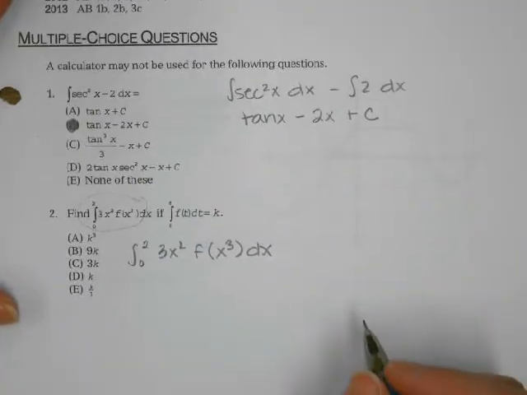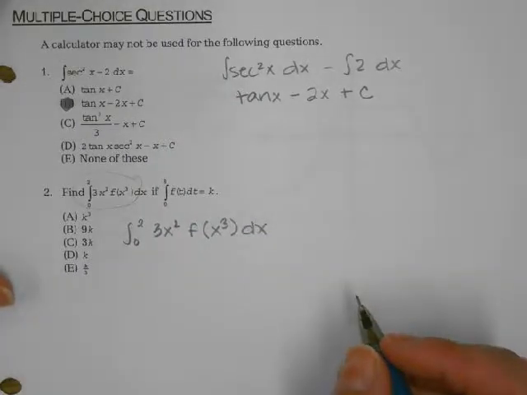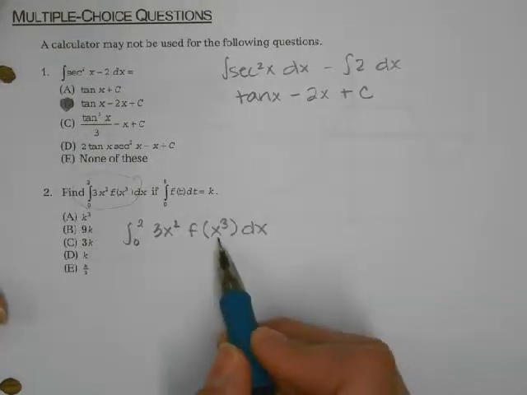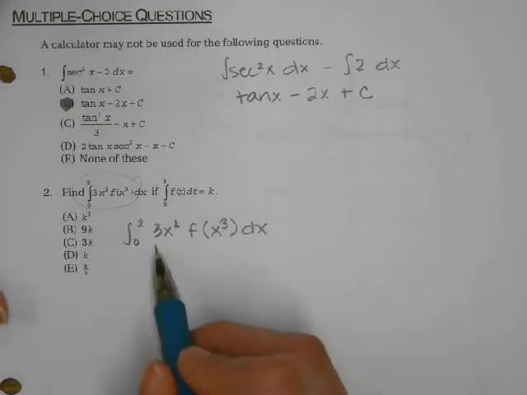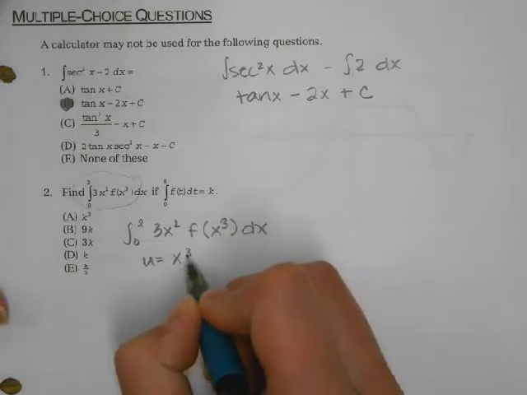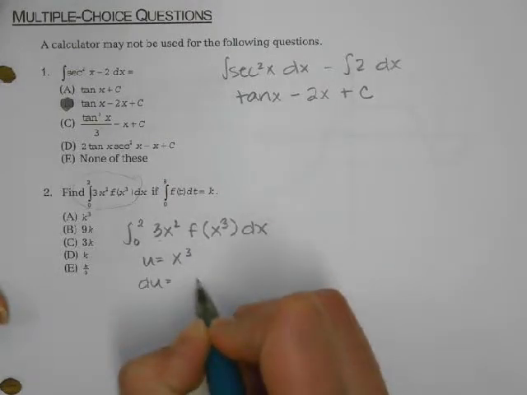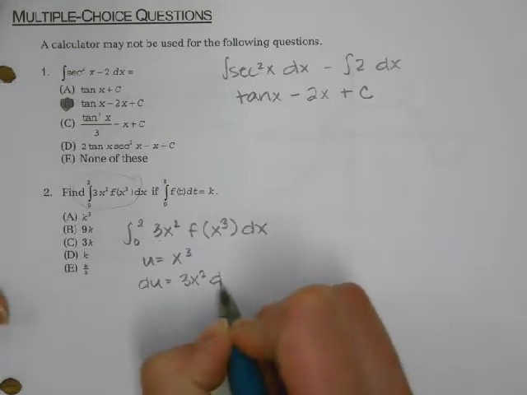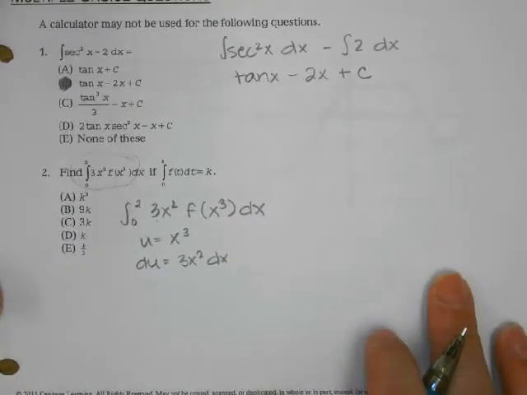So when I looked at this, this is actually U-substitution, so you can see that your inside function is x to the third, and then we have this outside, right? So I'm going to say that u is x to the third, and then the derivative of u is 3x squared dx, and I can see that that actually shows up in the problem.